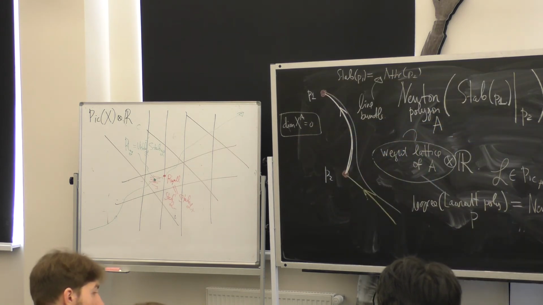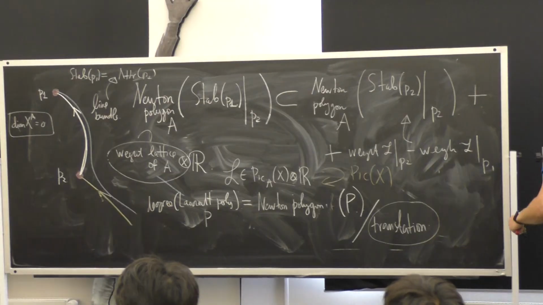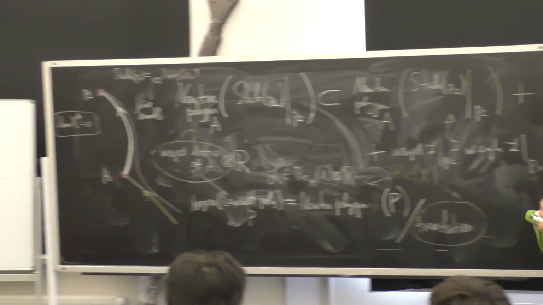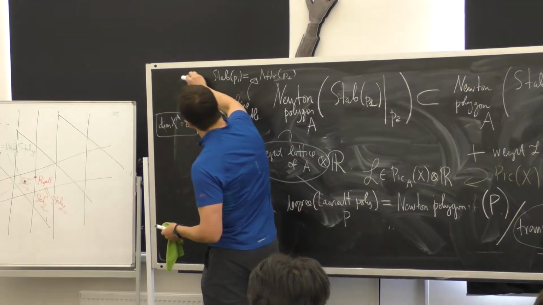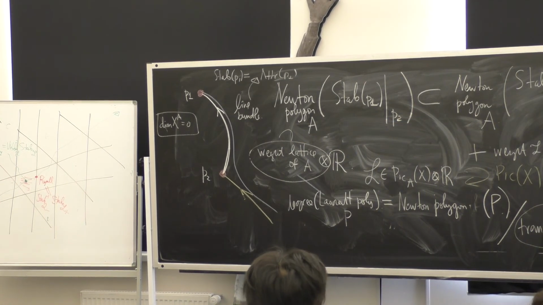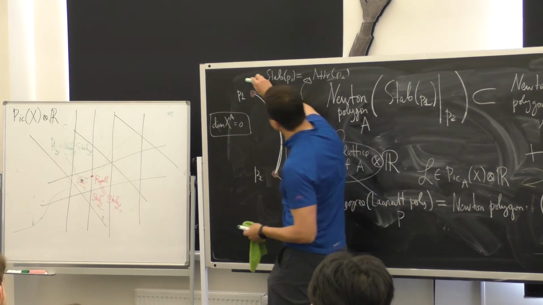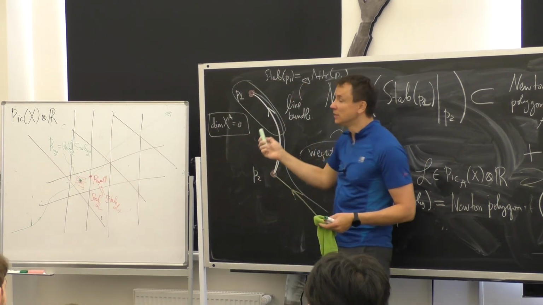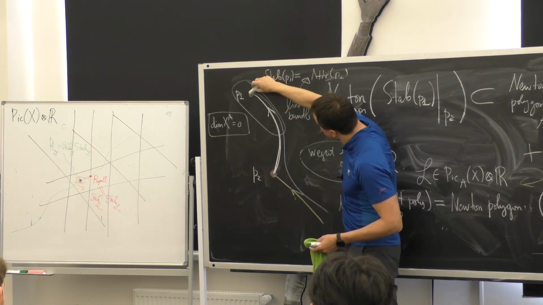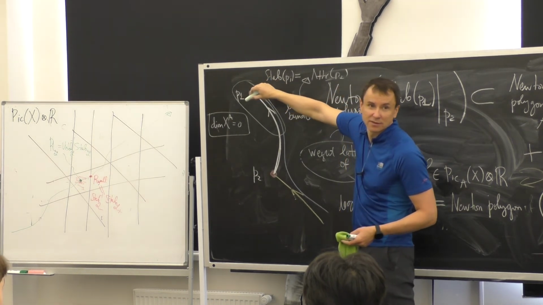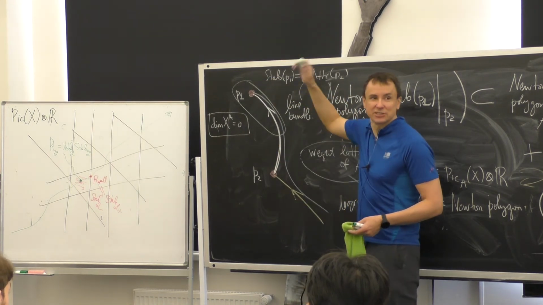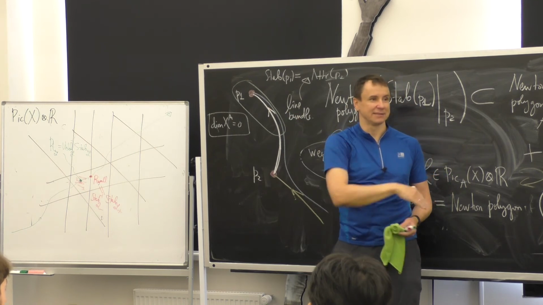So maybe this is something kind of important. The stable envelope at infinity, you should imagine that it just lives at that point, because everything below it is shifted infinitely far away in the weight lattice.